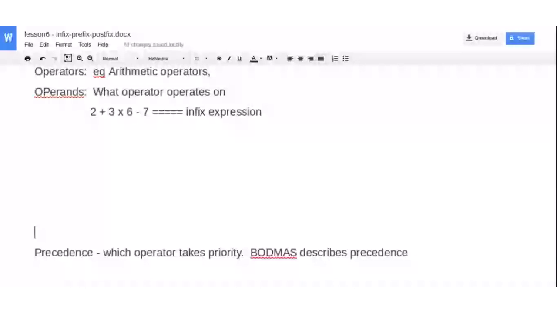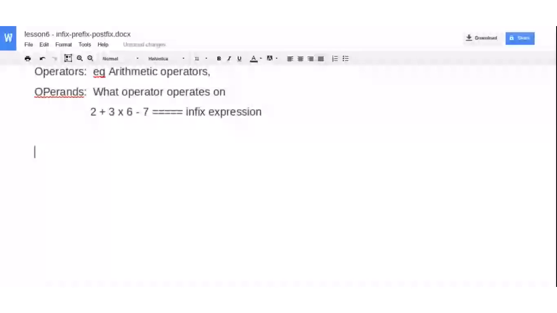So let's start with a simple example. For example, if we were to write something like, let's say, B plus C. So in this case, we want to add B to C, and we write the addition symbol in between. So that is now infix.